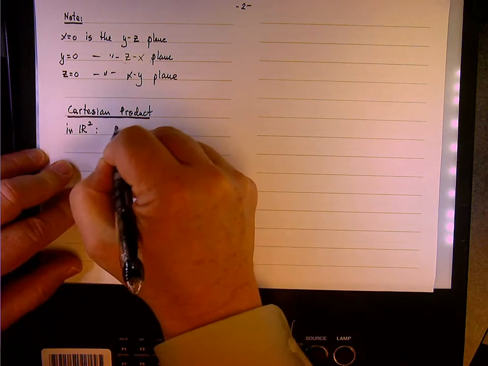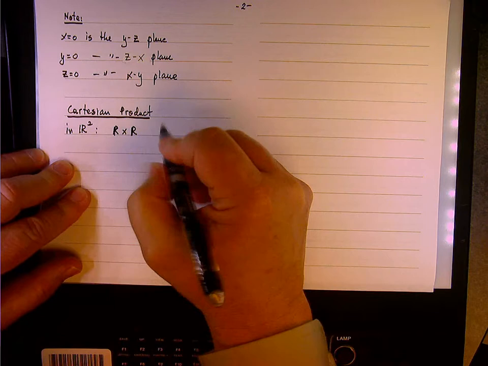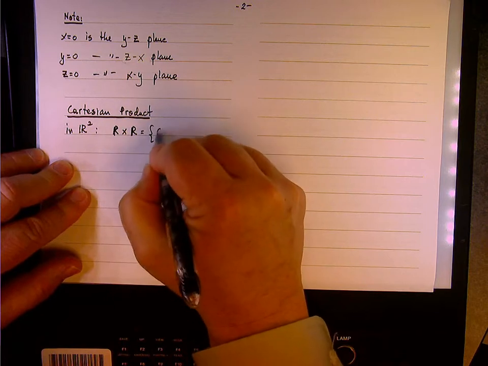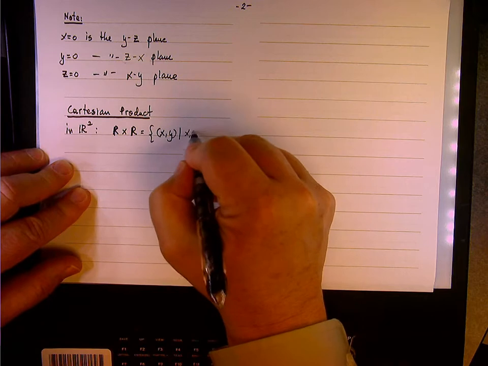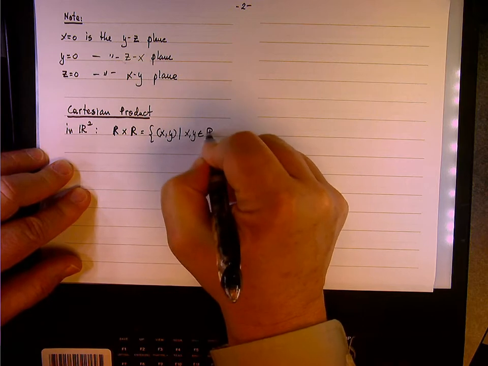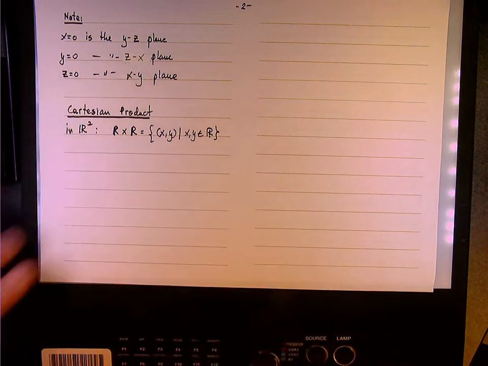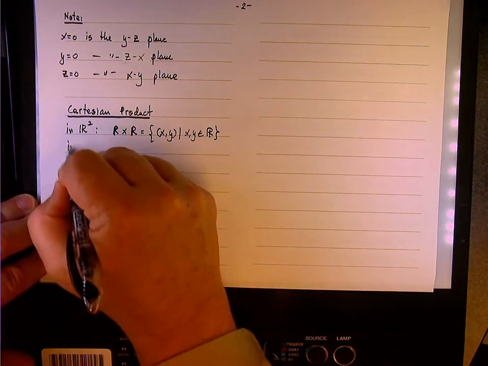In R2, we're going to say that R times R, this kind of product, is the set of all points x, y, such that x and y are real numbers. Okay, so I use the set generator notation, and this is how you read it.